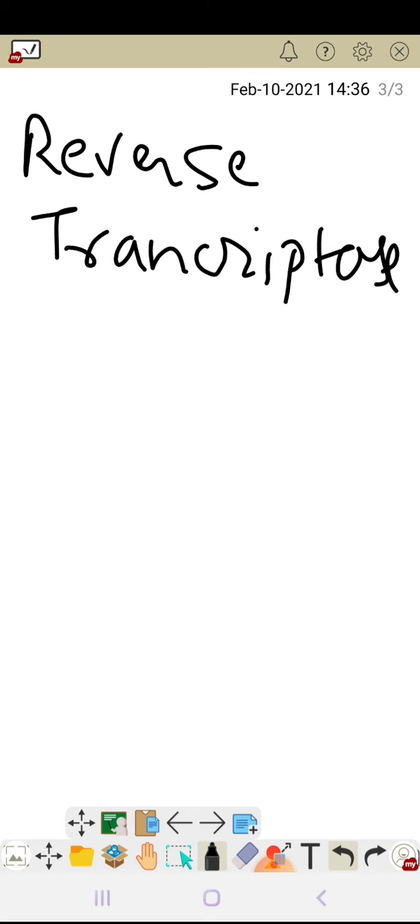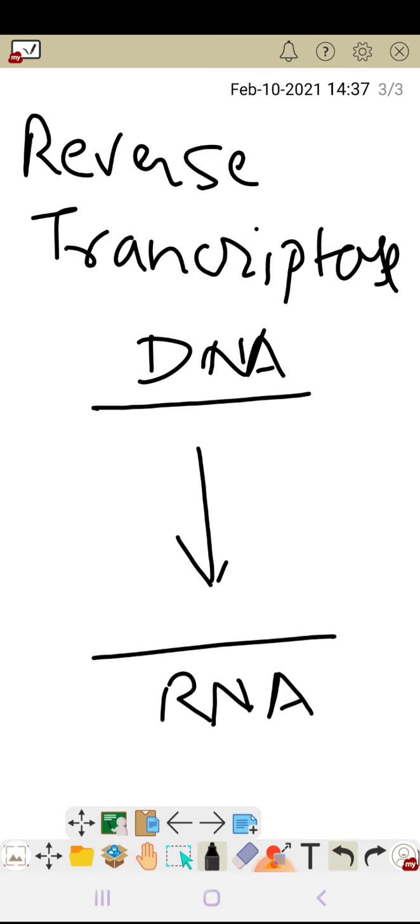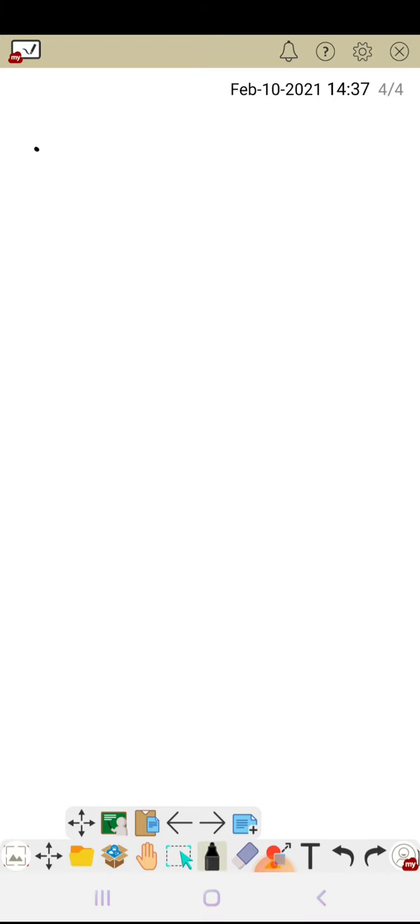Suppose we have single stranded DNA; from DNA we can make RNA by using the reverse transcriptase enzyme. To remember this, just remember that from DNA, if we want to make RNA, we can use the reverse transcriptase enzyme. Now let's move ahead to our third enzyme, known as Taq DNA polymerase.